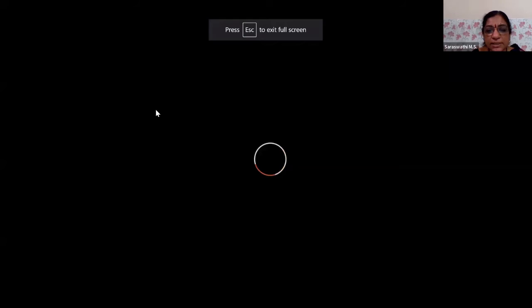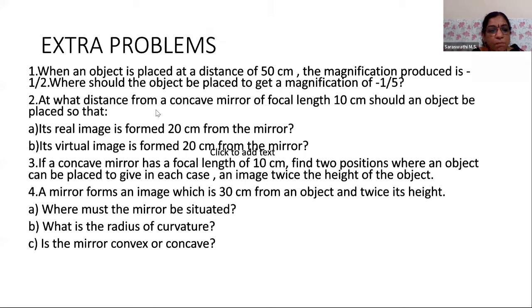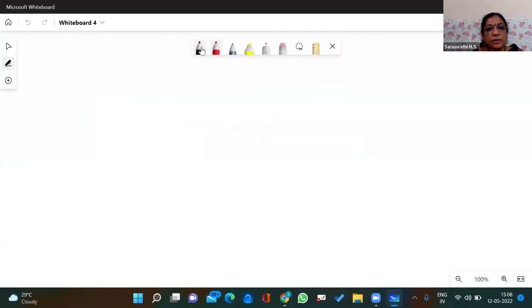One last sum. Can you do this? So again, it is given that V is equal to 30 centimeters. The mirror is in the center. We don't know what the mirror is.